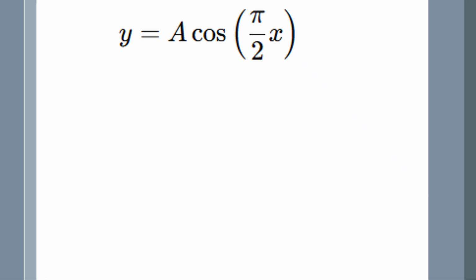He was telling me there was a question on the homework problem that says to create an equation where your amplitude has to be 1/2, and then your period has to be 4.